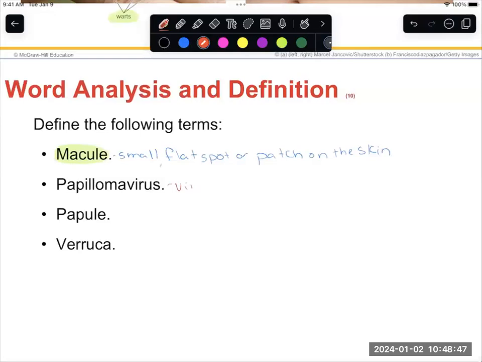This is a virus, papillomavirus. It says virus right in the name. It causes warts. And it's also associated with cancer. Papule.